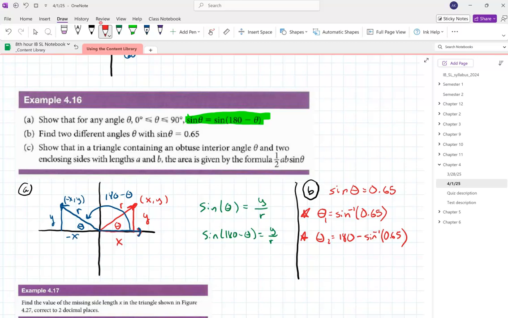What's another way you could have done it, though? I would have just set any angle coterminal to the first one we found. How do you find something coterminal?